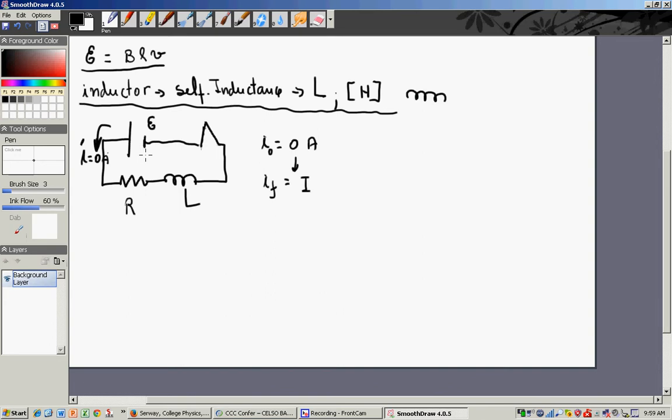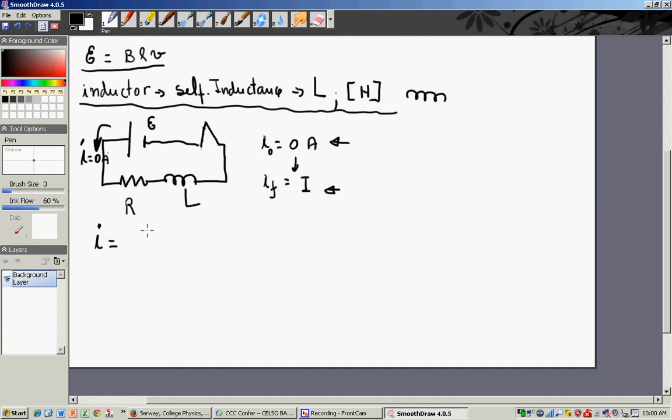Now remember, your circuit here is a loop, right? And it has a current that is growing in it. And in addition, you have something called an inductor in it. So what the inductor is going to do is retard the growing current from this initial value to this final value.